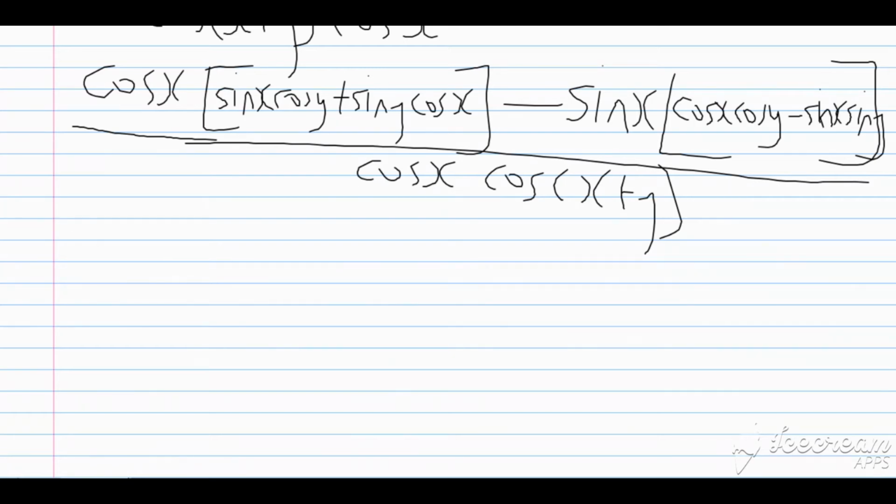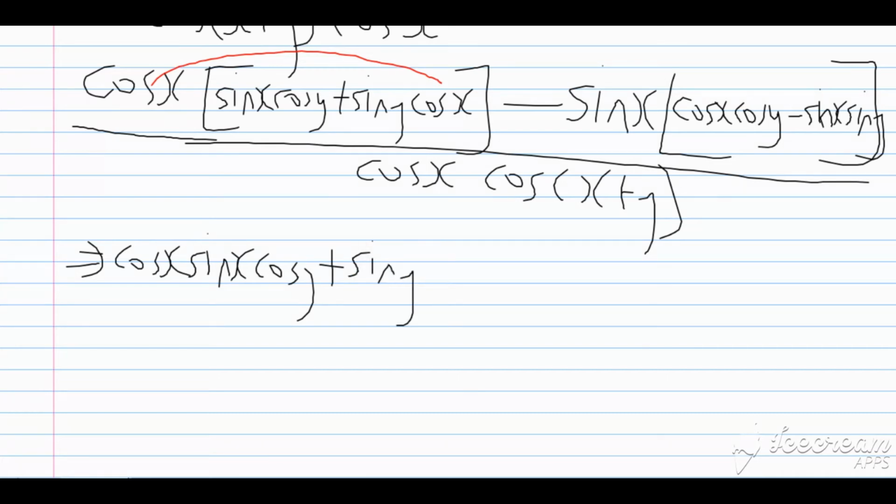It's going to turn out to be cosine x sine x cos y plus, when I multiply cos x by the second term there, and notice the second term has sine y cos x, so if I multiply cos x by cos x right there, ultimately I'm going to end up with cos squared x. All right, so because the thing is commutative, you can write this how you want. So I could write it back as sine y cos squared x.